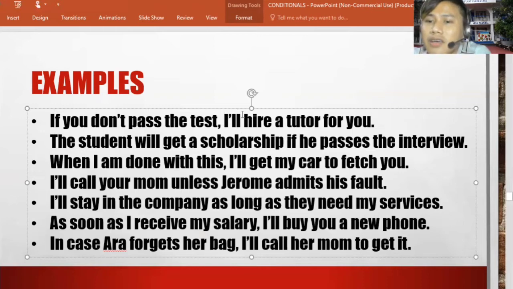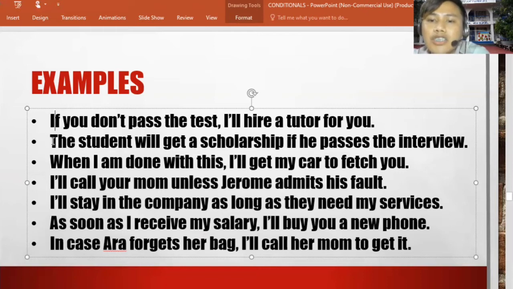And the verb here is hire. It is in the base form. Understood? Okay, so that is how you are going to construct your conditional sentence under this type.